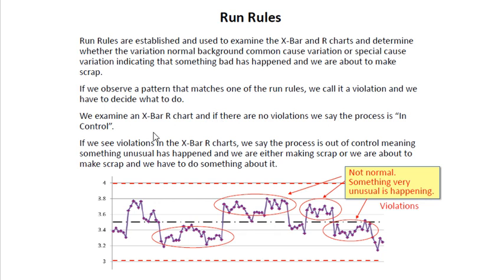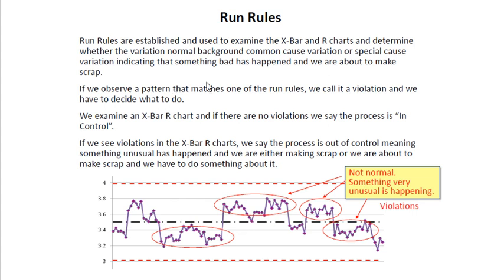Run rules are established and used to examine your X bar and R range charts, and determine whether the variation is normal background common cause variation or special cause variation. You have to make sure that you understand the difference between common cause variation and special cause variation, and you should be able to spot these variations on the graph that you draw.